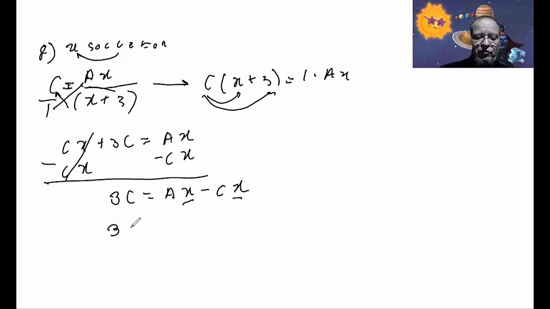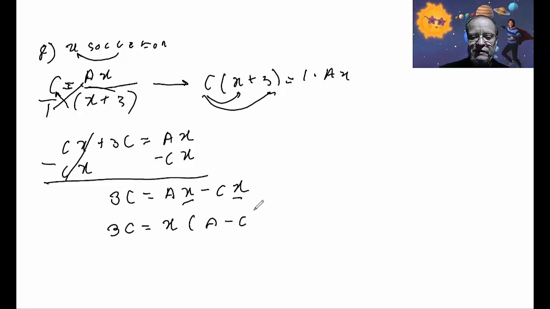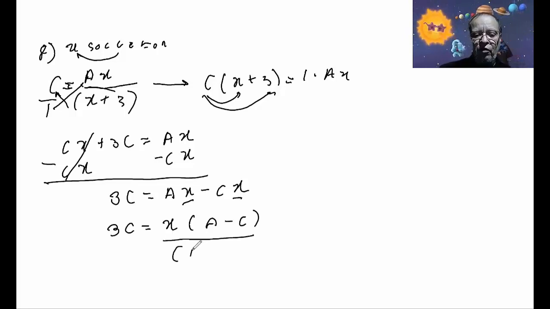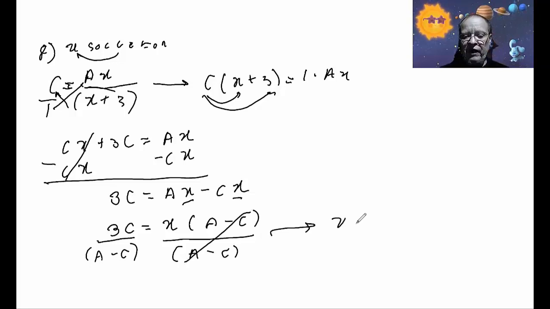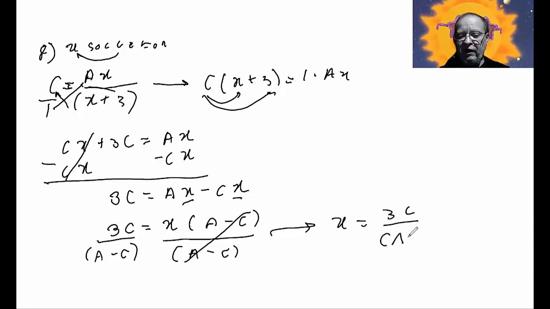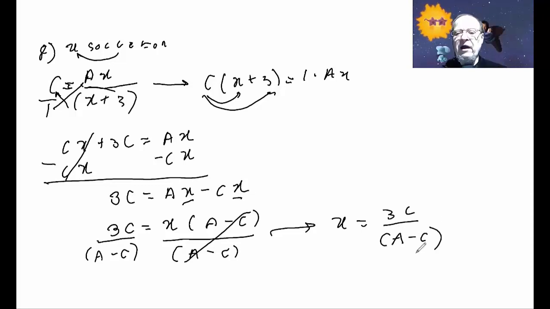So I end up with 3c is equal to x times a minus c. And then, of course, to get the x all by itself, I'm going to divide the whole thing by a minus c on this side and a minus c on this side, so I can cancel out on this side and end up with x being 3c over a minus c. And that would be our final answer.